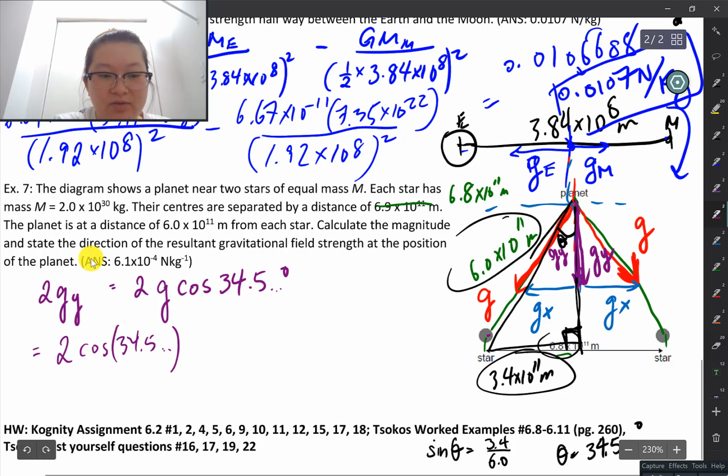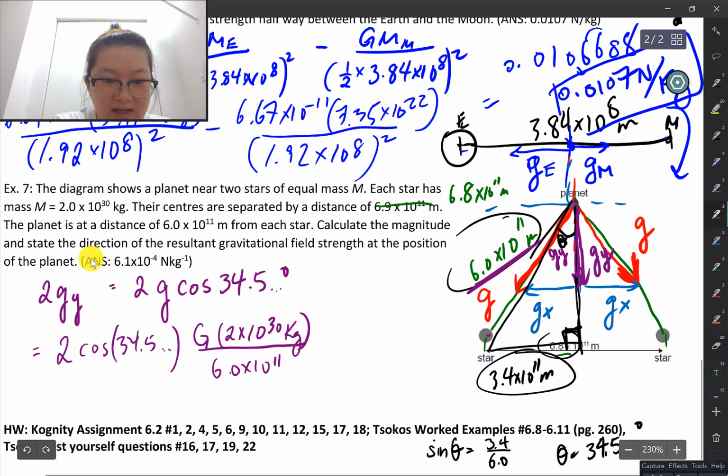And g is going to be big G, the gravitational constant, times the mass of the star, which is pretty big, 2 times 10 to the power of 30. I think that's the size of the sun. Then the distance away, which we're given, is 6.0 times 10 to the power of 11, and don't forget this is squared.